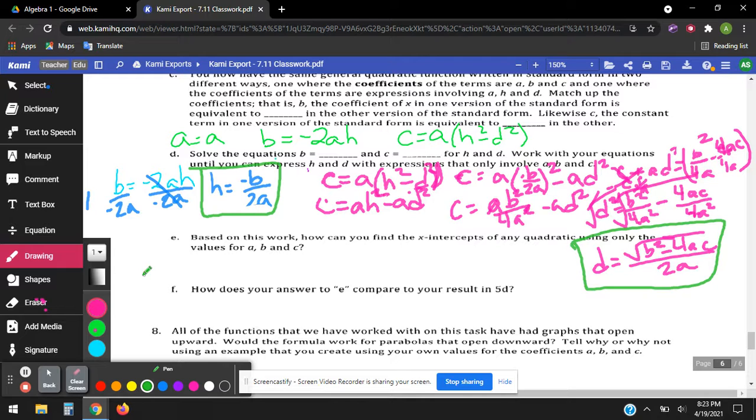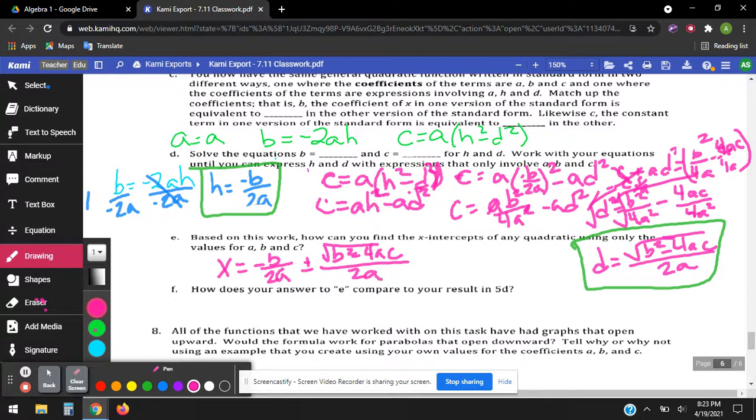So then we're back at our quadratic equation, where x equals, we have our negative b over 2a plus or minus the square root of b squared minus 4ac over 2a. And we're back to that.